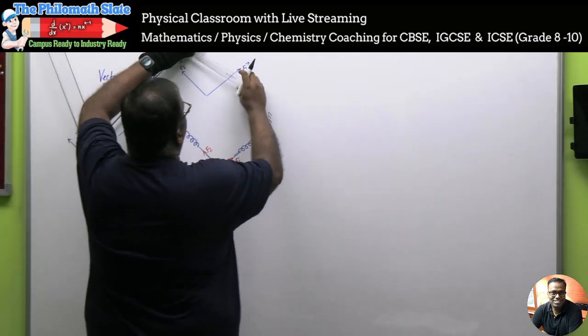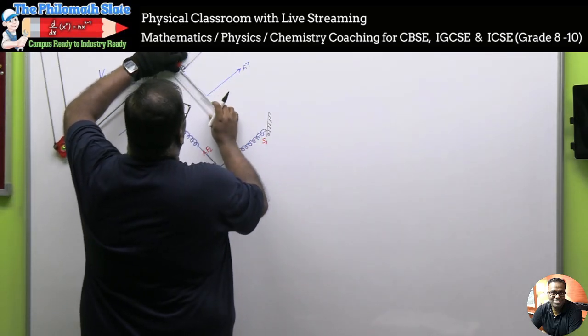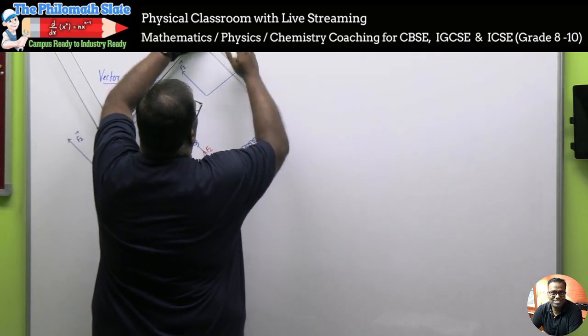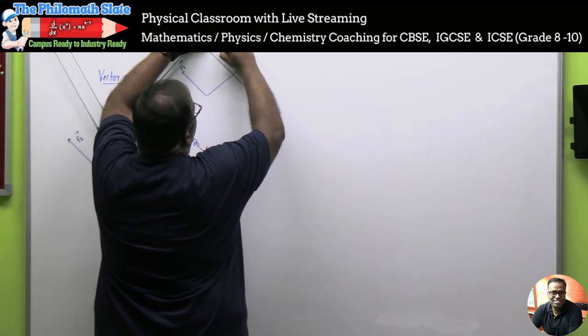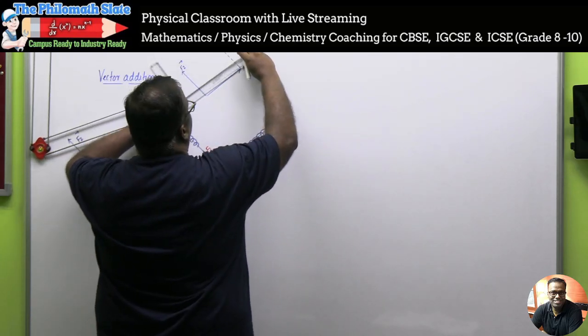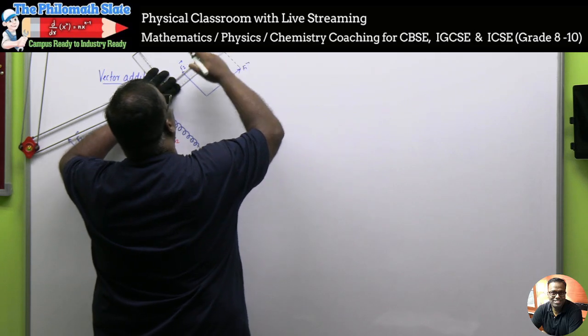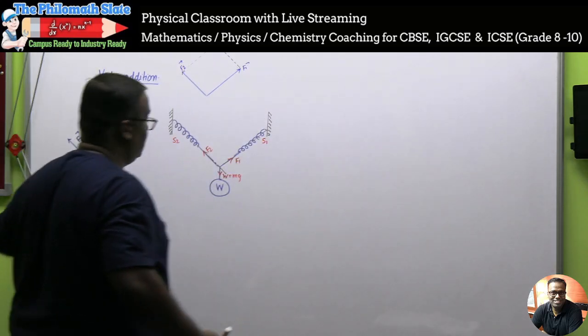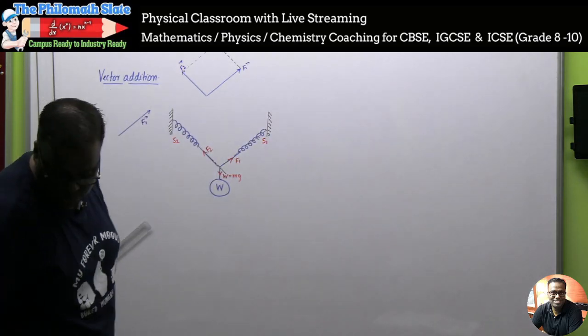So let us complete the parallelogram. Right? This one. So it has gone a little bit on top, children, don't worry. So we will complete the imaginary parallelogram. This is the imaginary parallelogram. Done? Done. And then what does the final step say?